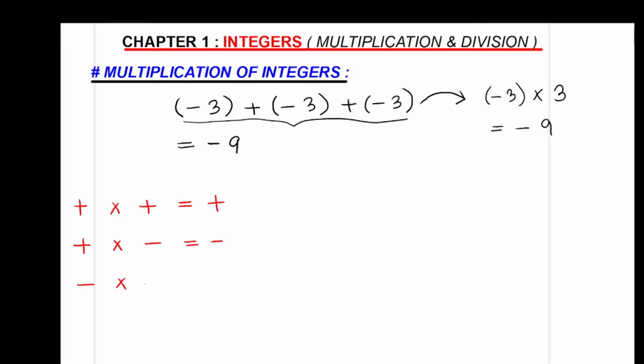Minus into plus is minus. Minus into minus is plus. That means when two positive numbers are multiplied, we get a positive answer. When two numbers have opposite signs, that means one plus and one minus, then we always get minus. And when both the numbers are negative, then we also get positive.